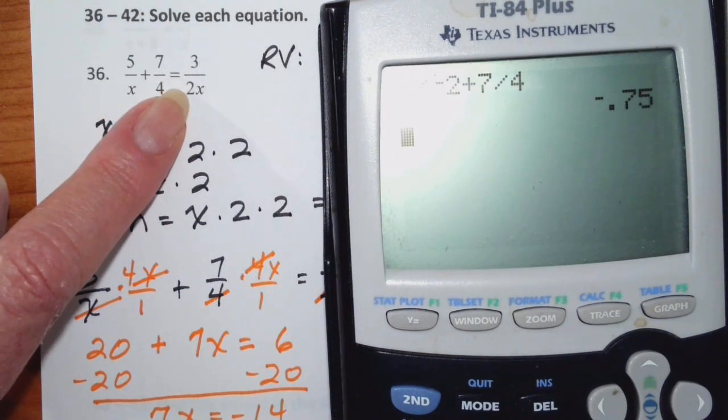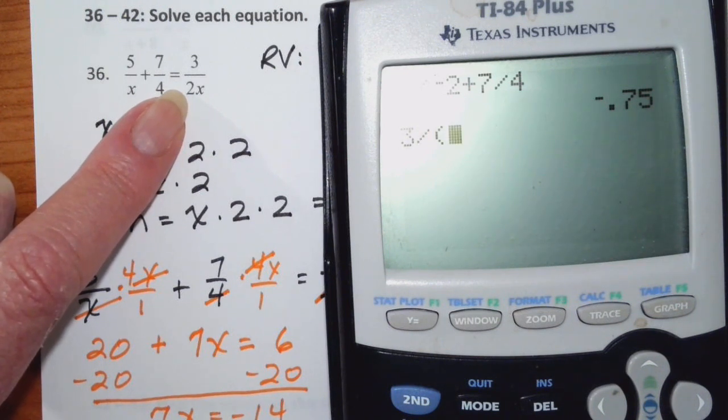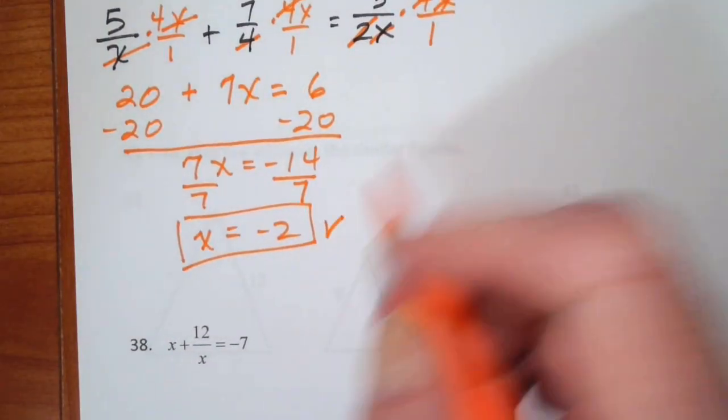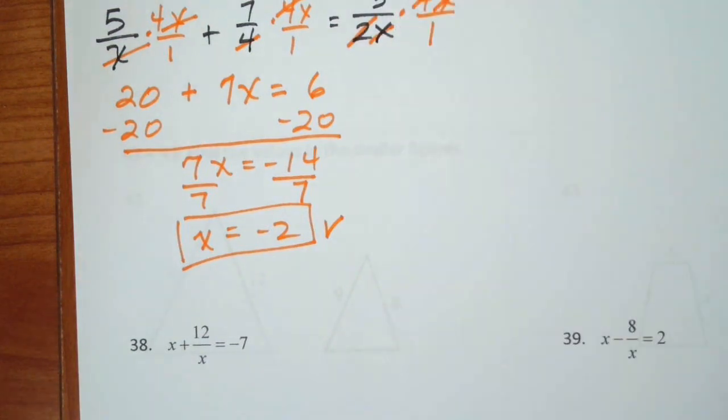Well, the right side is equal to 3 divided by 2 times negative 2, and I get negative 0.75. So both sides are the same, so it checks. And it is not a restricted value, so I've checked against that.